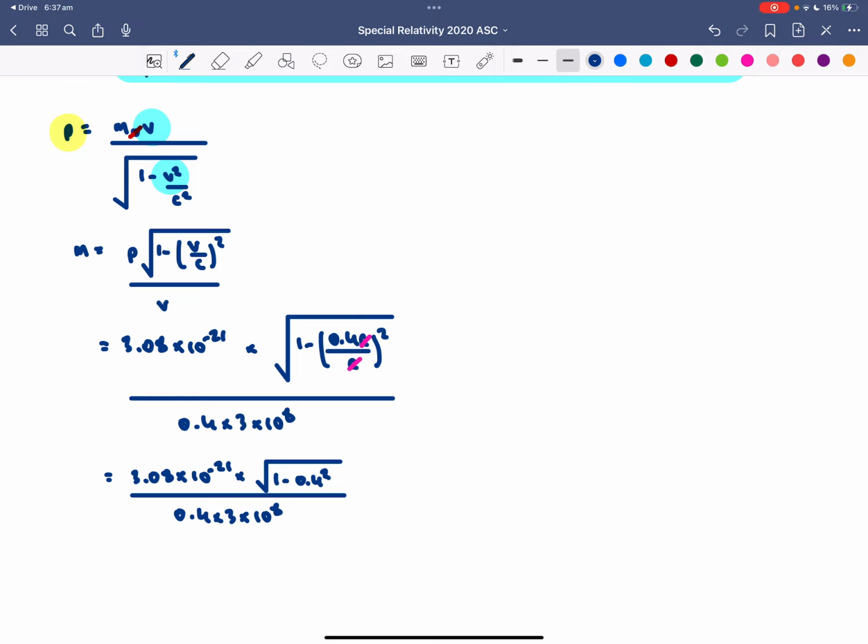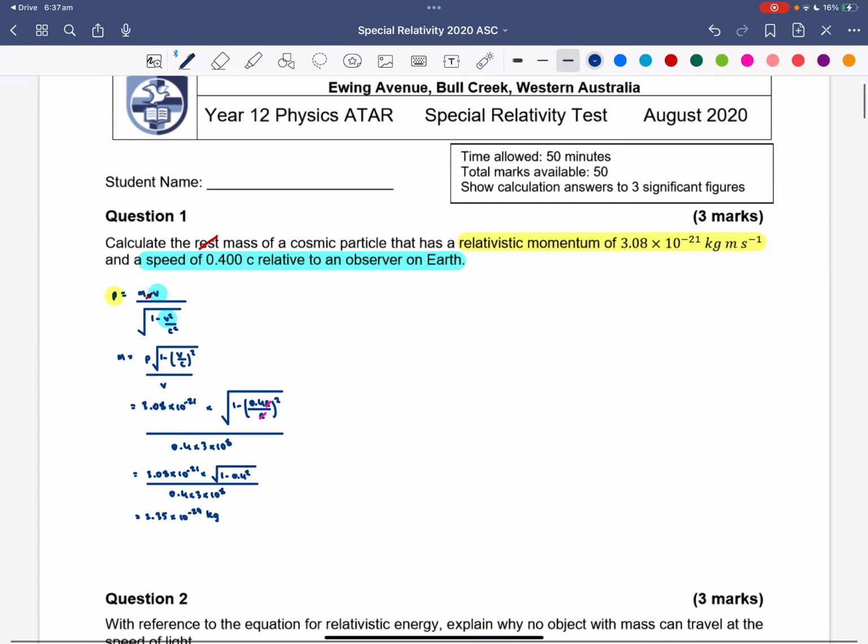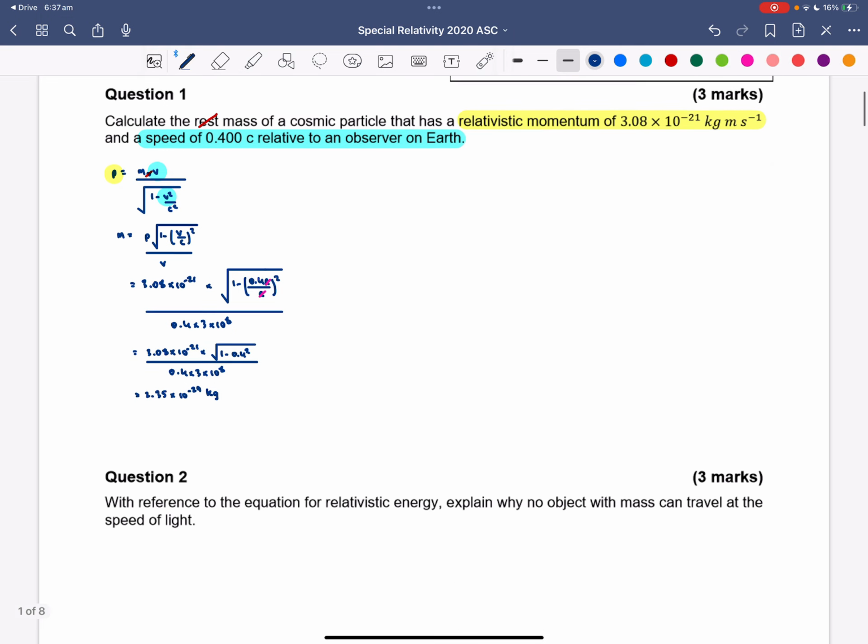So really that's what we're putting into our calculator. Be careful when you put it in there in terms of the number plugging, and then the mass that we get, or the rest mass that we get, up to you what you want to call it, is 2.35 times 10 to the negative 29 kilos. Okay, that is the mass of the particle, or you can say rest mass of the particle.